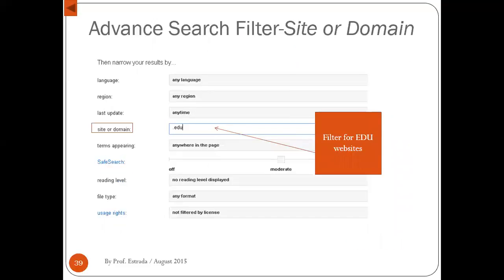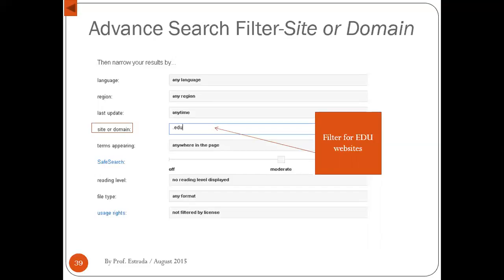The next filter is site or domain. This filter allows you to have Google find only sites that belong to a particular domain level, such as .edu, .gov, .com, etc., or pages from a particular website. Go ahead and click to the right of site or domain, and in the box type .edu, which means that we would be looking for results coming only from educational institutions.